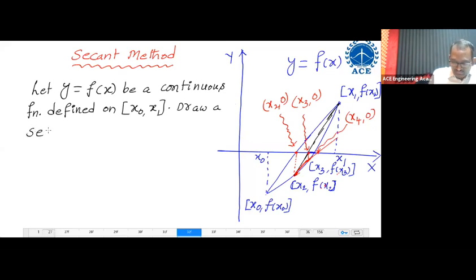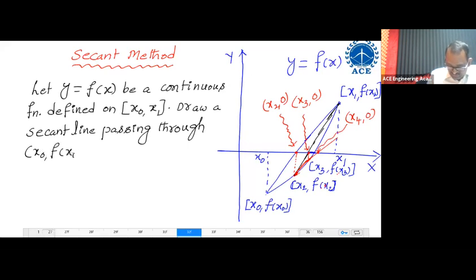Draw a secant line passing through x0 comma f of x0 and x1 comma f of x1.